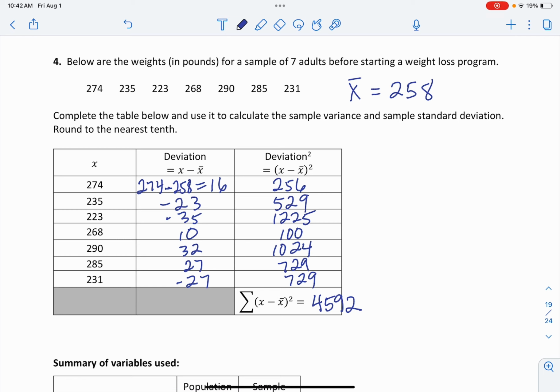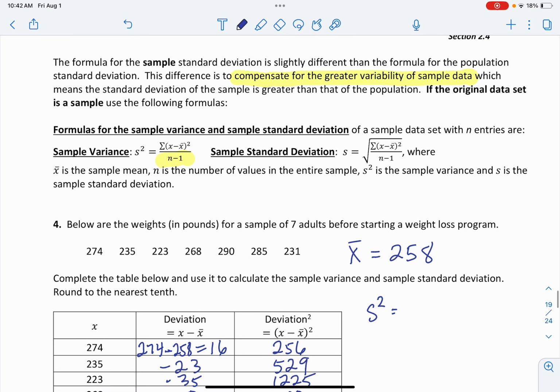Now we need to get the sample variance and the sample standard deviation. The notation for sample variance is s squared. I'm just following this formula up here. If I rewrite the formula, again, that top piece is what we just found with the table.